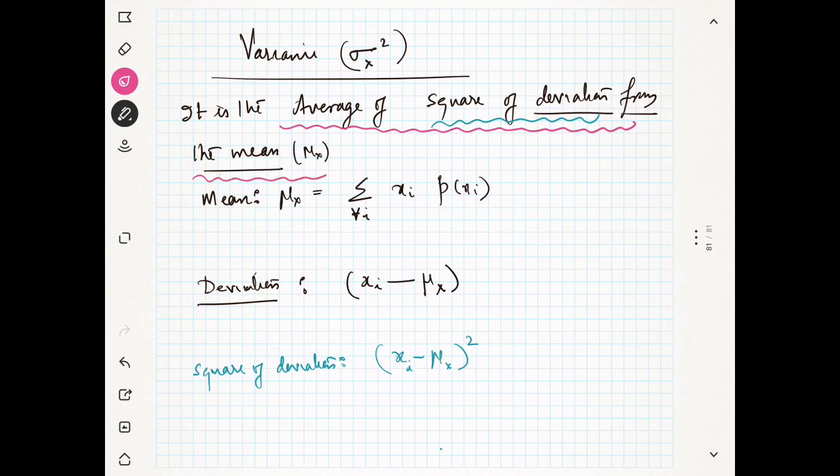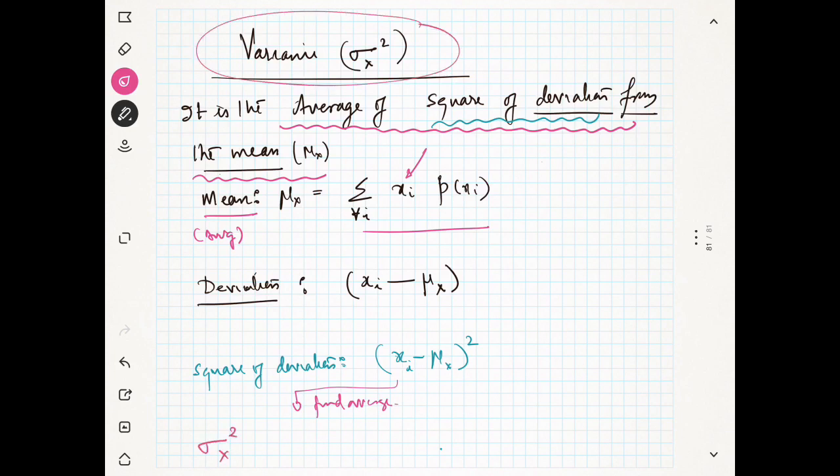You know how to find the average. Mean means average. Now for xi, the average of xi is mu x, that you can find like this. Now I am going to find the average of this, and this average is known as the variance. So sigma x square is nothing but, how to find the average? I will have to sum for all i.